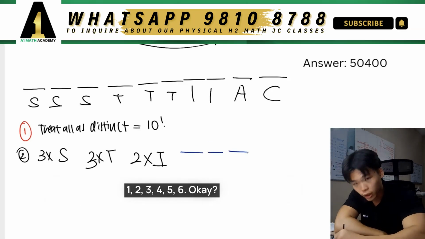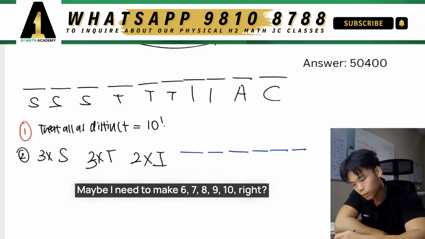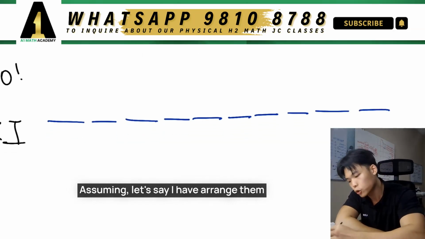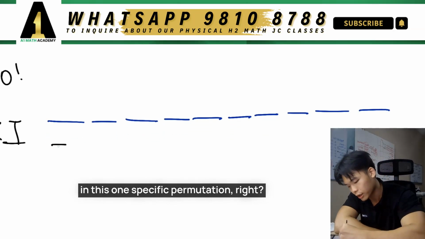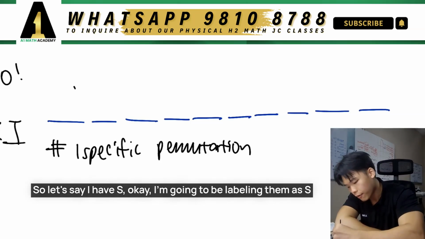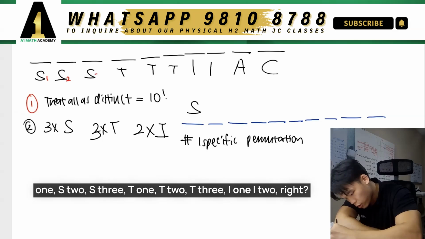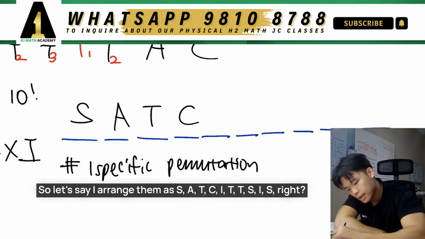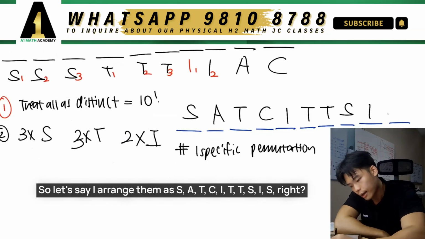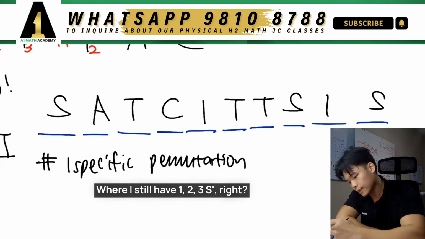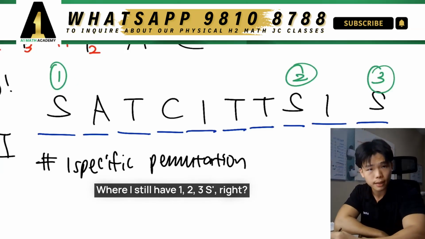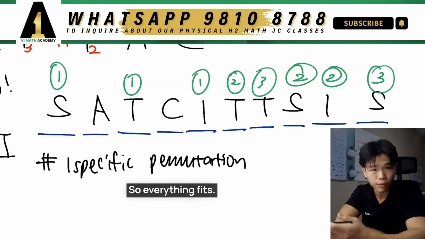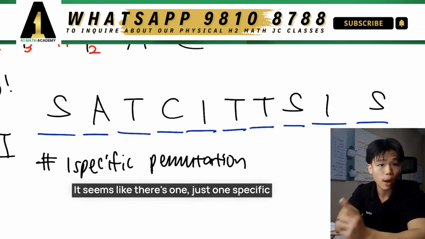Assuming I arrange them in one specific permutation, labeling them as S1, S2, S3, T1, T2, T3, I1, I2, let's say I arrange them as S, A, T, C, I, E, T, S, I, S. I still have 3 S's, 3 T's and 2 I's, so everything fits.